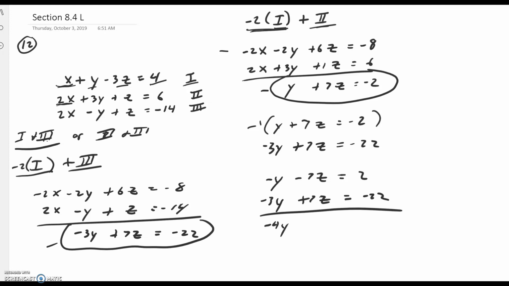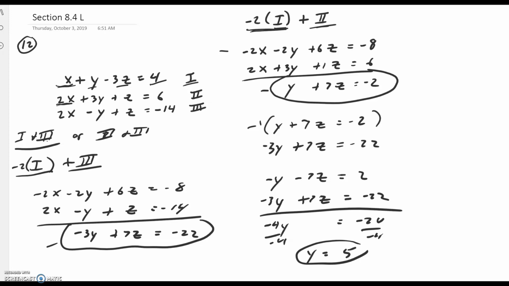I have -4y plus 0z's equals -20. Dividing both sides by -4, I have y equals +5. That is one of the values of my solution to the system. That tells me what y equals.